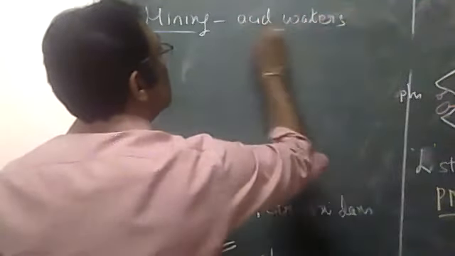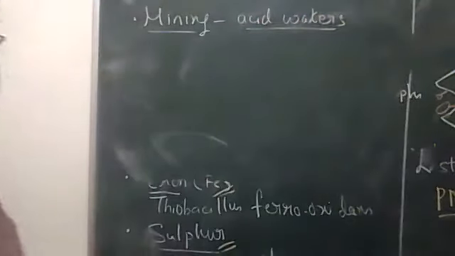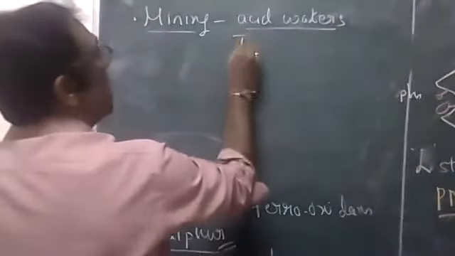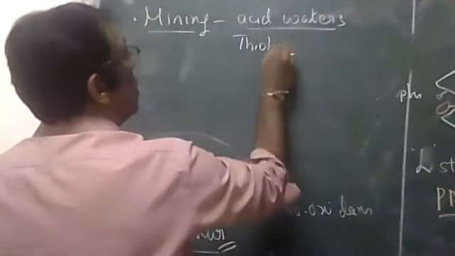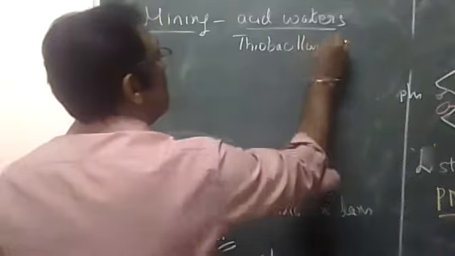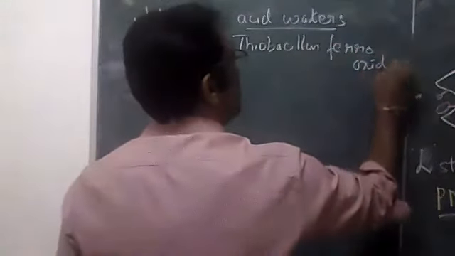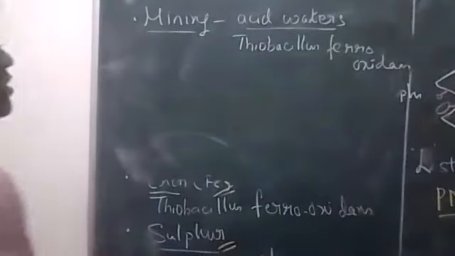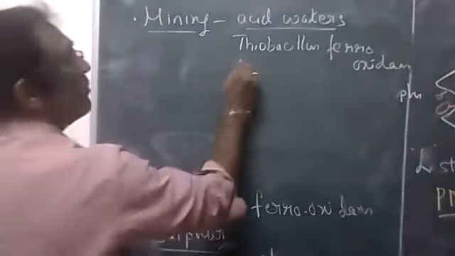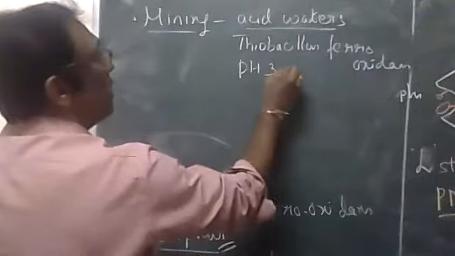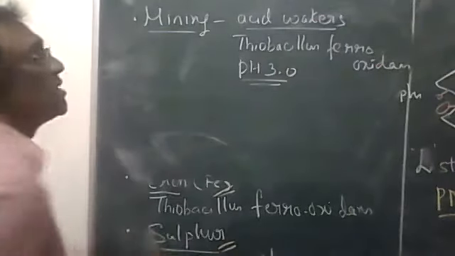These acid waters will have the bacteria, like Thiobacillus peroxidans. The pH is very low at that time, around even 3. In such an environment, you can find this organism.